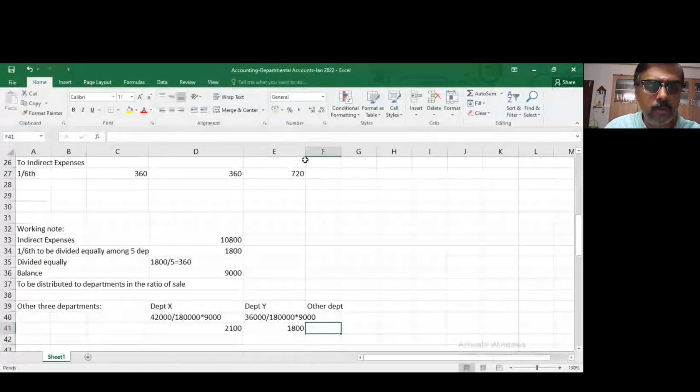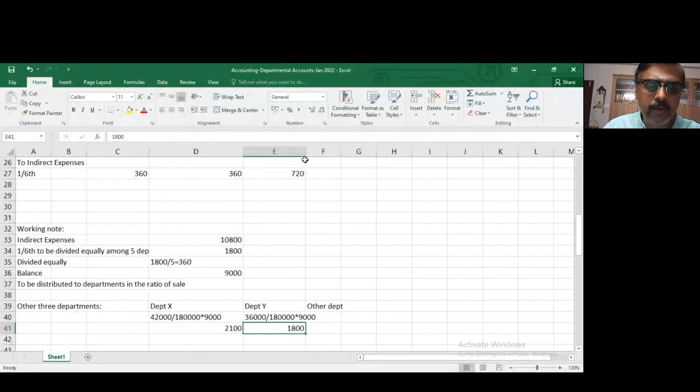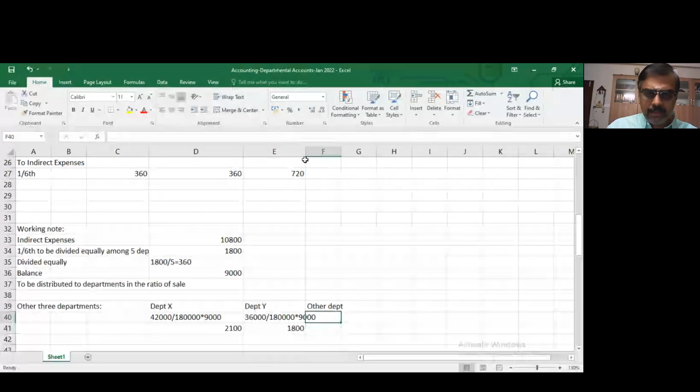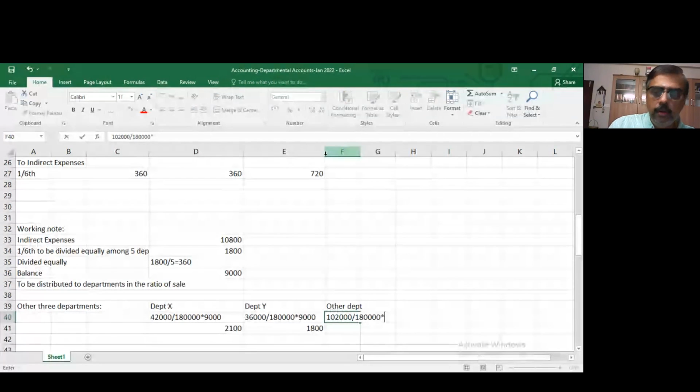But still, if you want to put, out of 9,000, 2,100 for department X, 1,800 for department Y. So what will be the balancing figure? You can calculate the same way: 1,02,000 divided by 1,80,000 into 9,000.